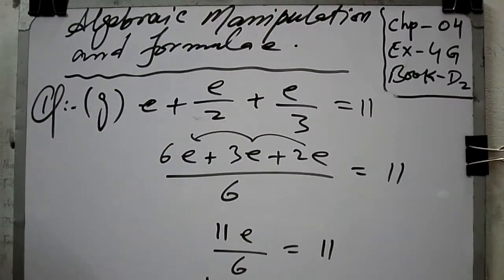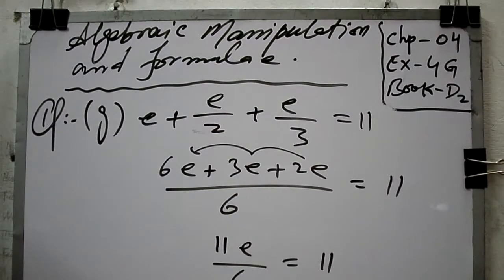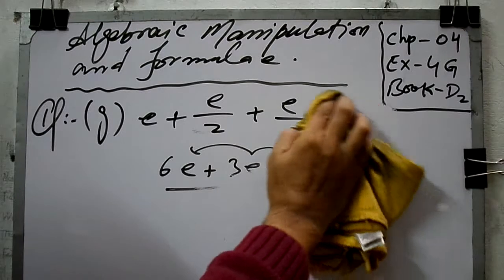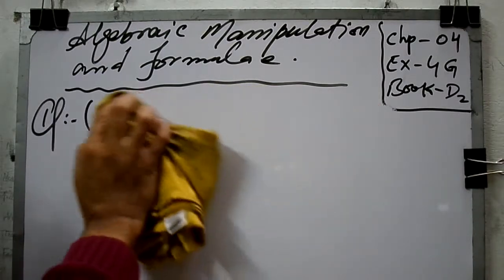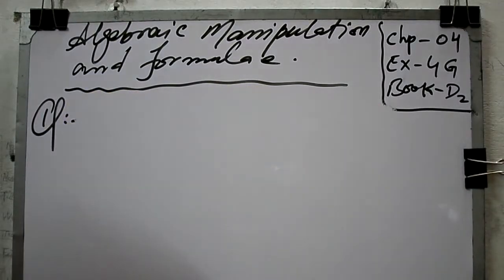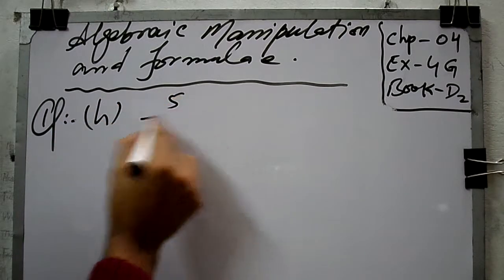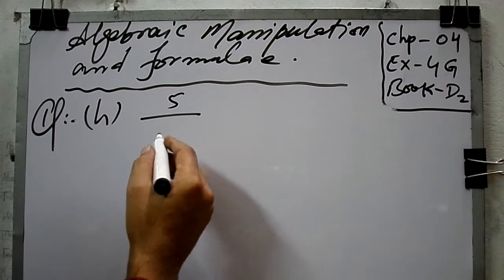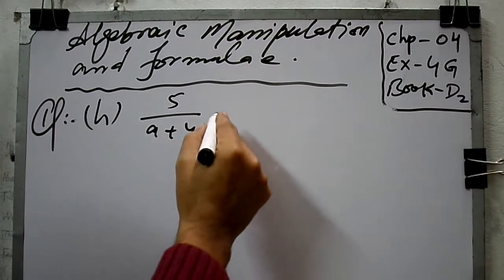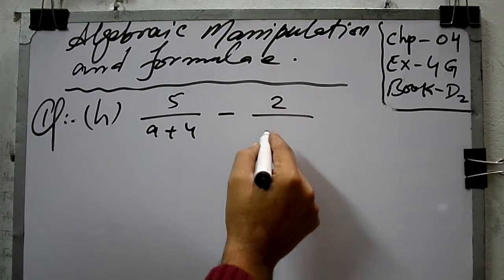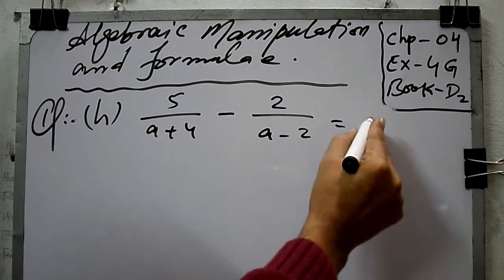Now coming to the next part. 5 by a plus 4, 2 by a minus 2 is equal to 0.